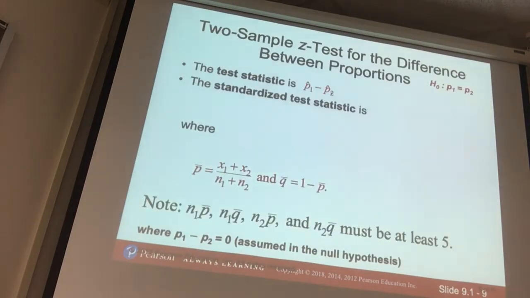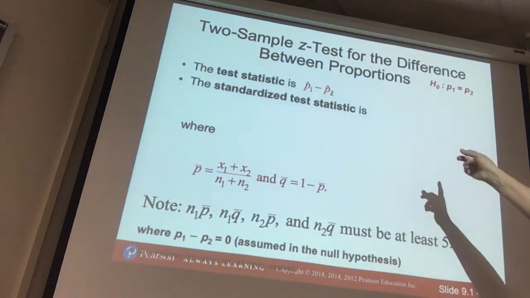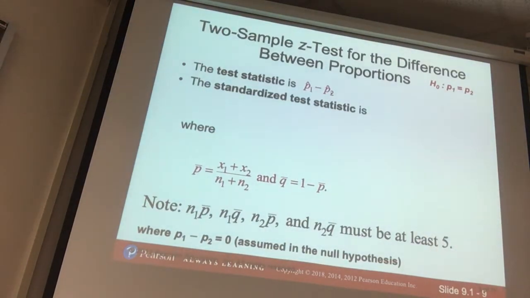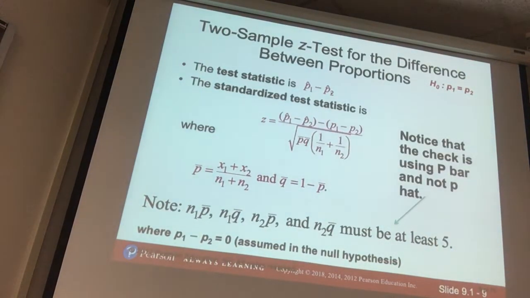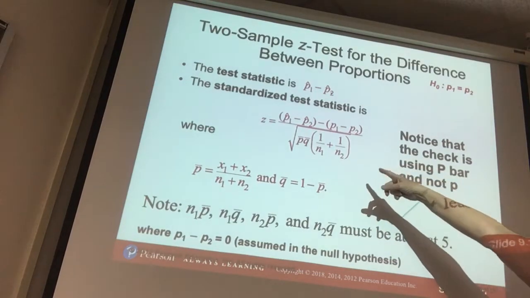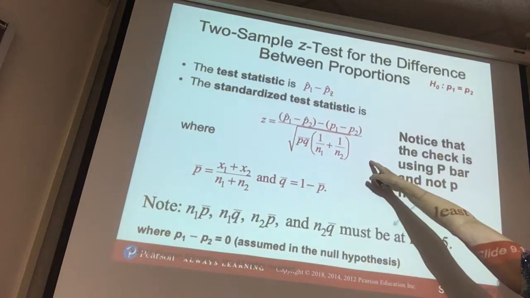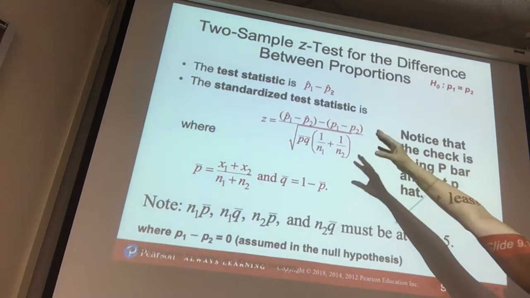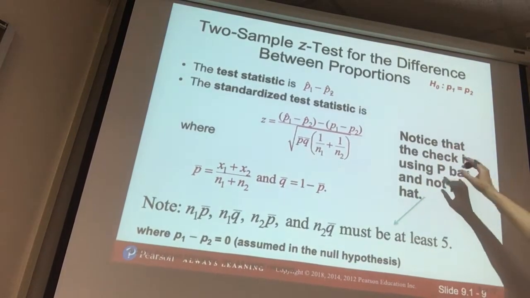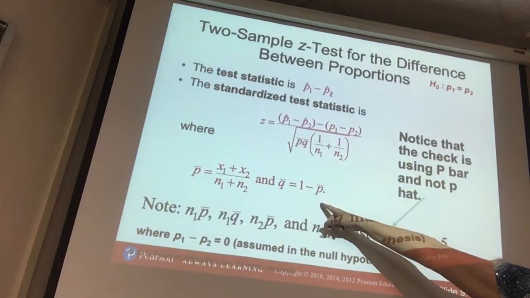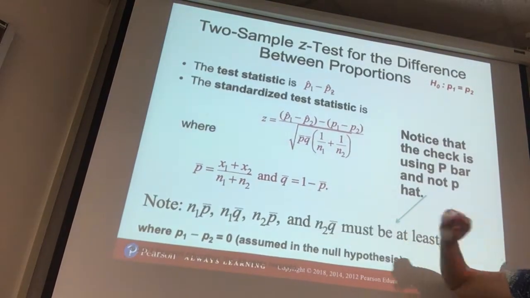So basically the test statistic is p-hat 1 minus p-hat 2. The standardized test statistic, now here is the standardized test statistic. This is taking your data and finding the test statistic. And then we're going to have the pooled p and the q.